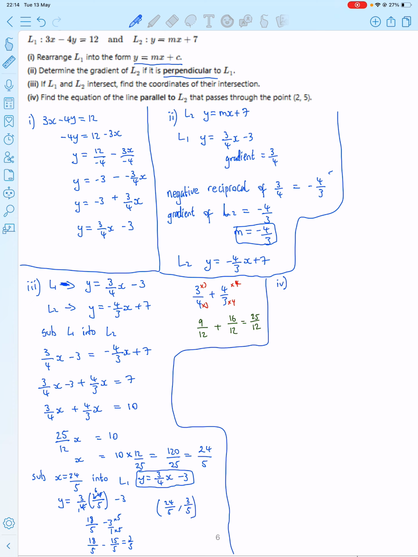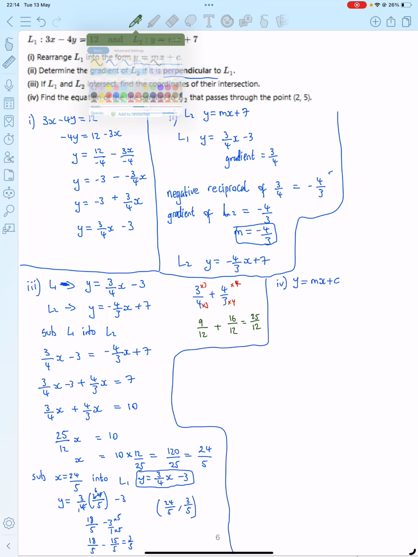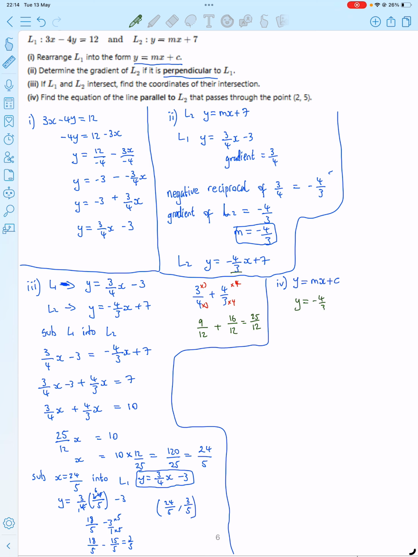So, first of all, an equation of a straight line is of the form y equals mx plus c. And if it's going to be parallel to L2, that means it's going to have the same gradient as L2. Well, we already know from a previous part of the question that L2 had gradient minus 4/3. So we have y equals minus 4/3 x plus c. And it goes through the point 2, 5.